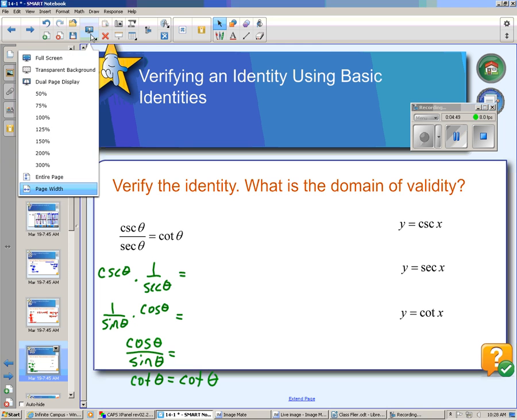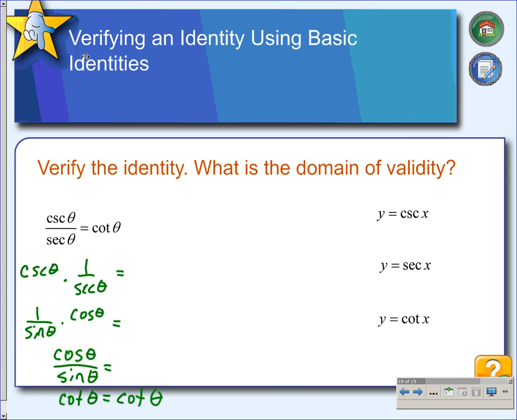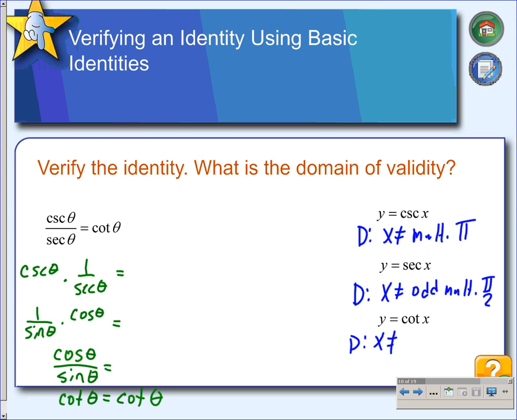Okay, for the domain of validity then, the cosecant of theta is not defined for multiples of pi. The secant of theta is not defined for odd multiples of pi halves, and the cotangent is not defined for multiples of pi.